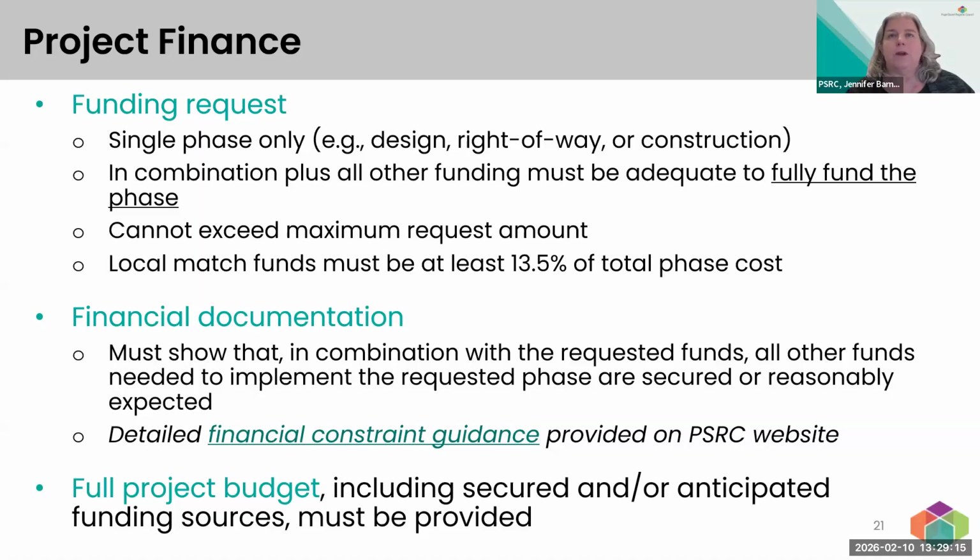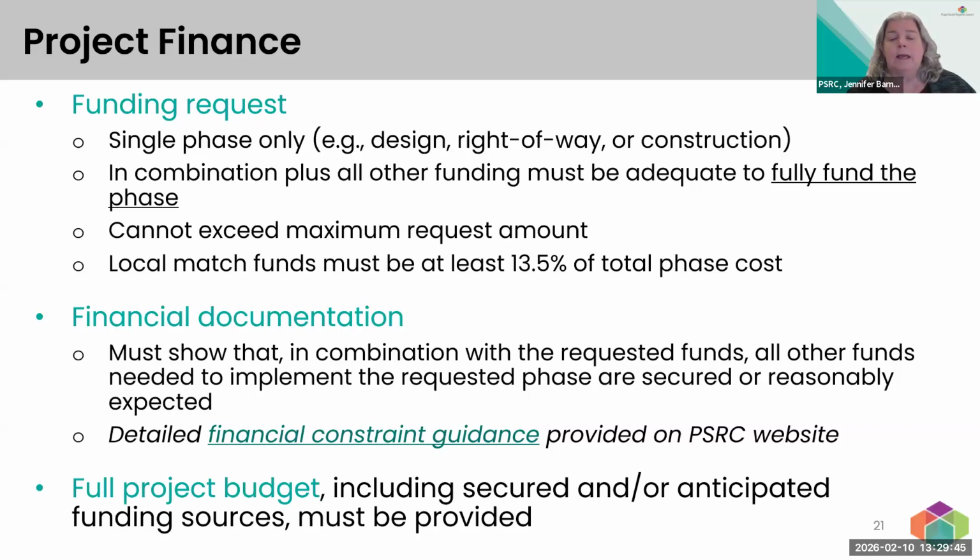That generally requires sufficient budget information to show that we do have a source of funds that would cover our match, or all of our required match, for this project. And then we require what the steps and the timing would be for securing those funds. We have very detailed guidance on both secured and reasonably expected, what we're looking for, in our financial constraint guidance.